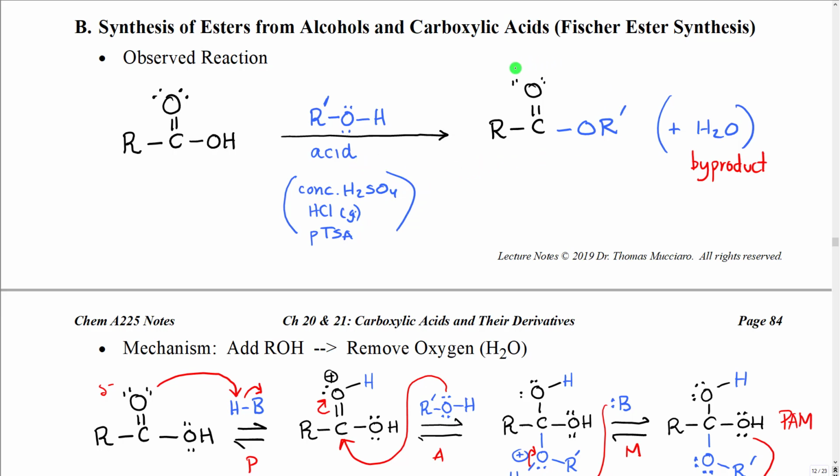And what we would see is that we would form the ester directly and we would get water as a byproduct of this reaction. This observed reaction has been given the name the Fischer ester synthesis, and it's a very classical type of organic chemistry reaction.